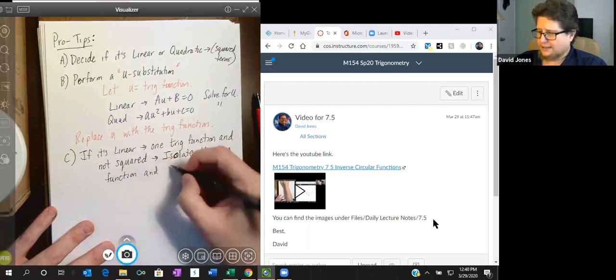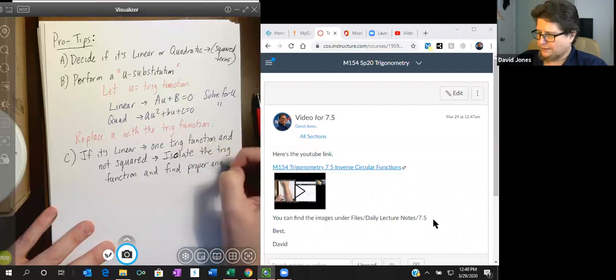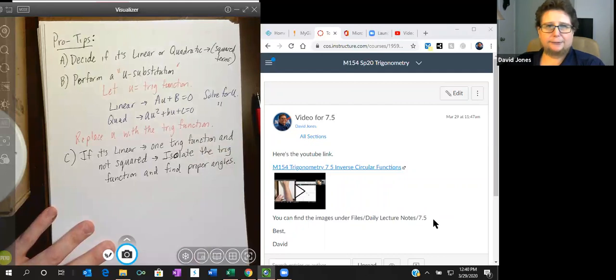And find the angles that work. I'm going to call them proper angles, because that way I can fit it in one line.